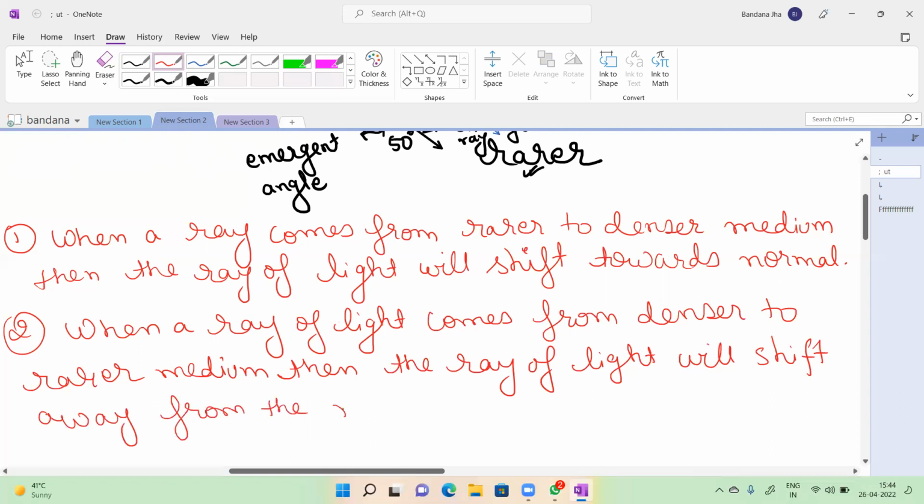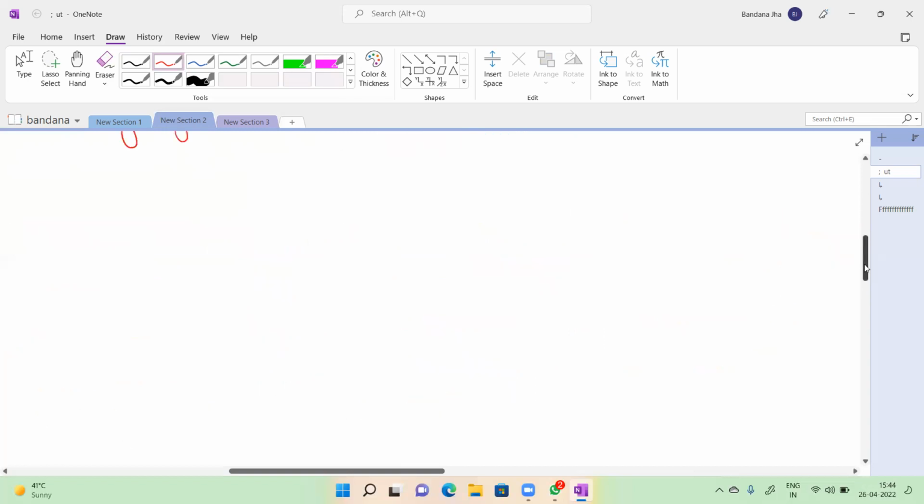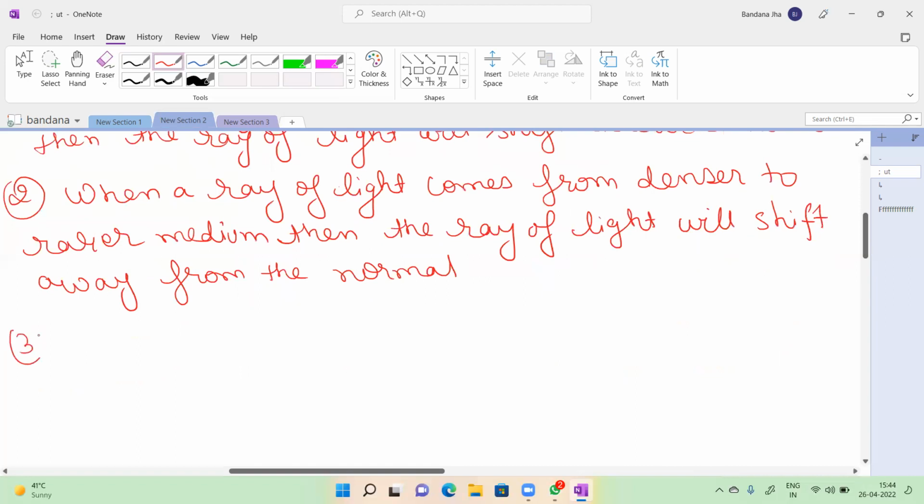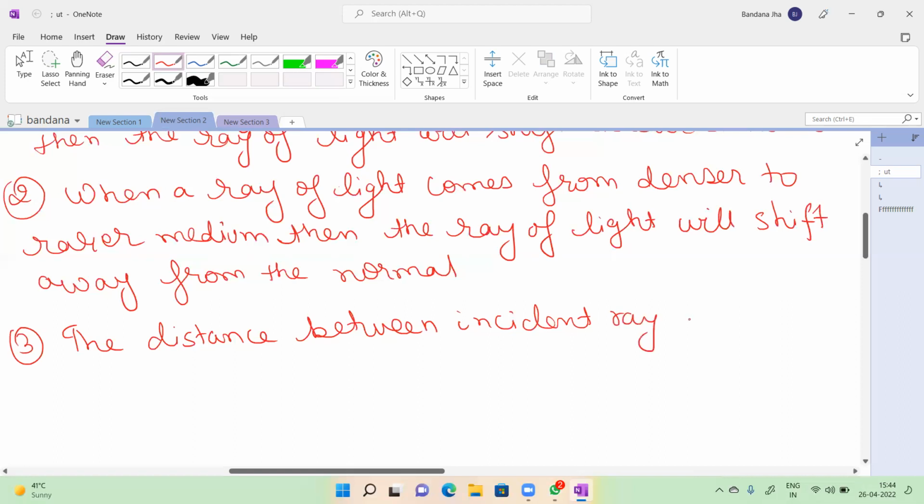Okay, fine. Third point: the distance between the incident ray and the emergent ray is called lateral inversion.